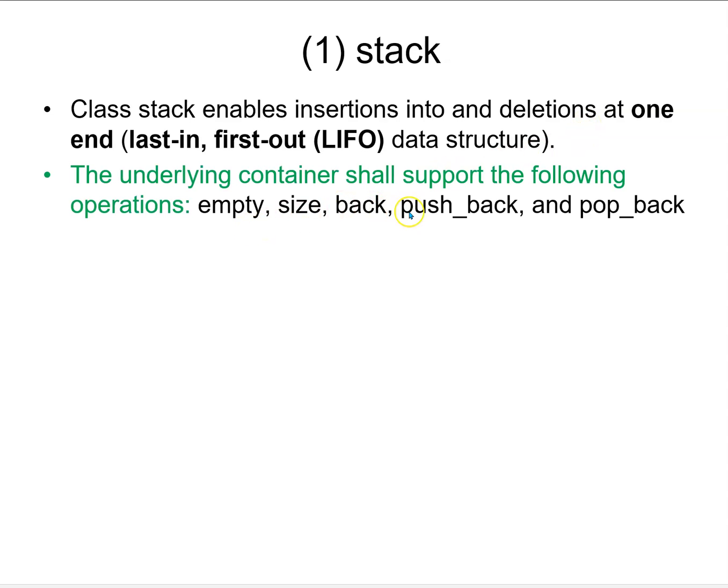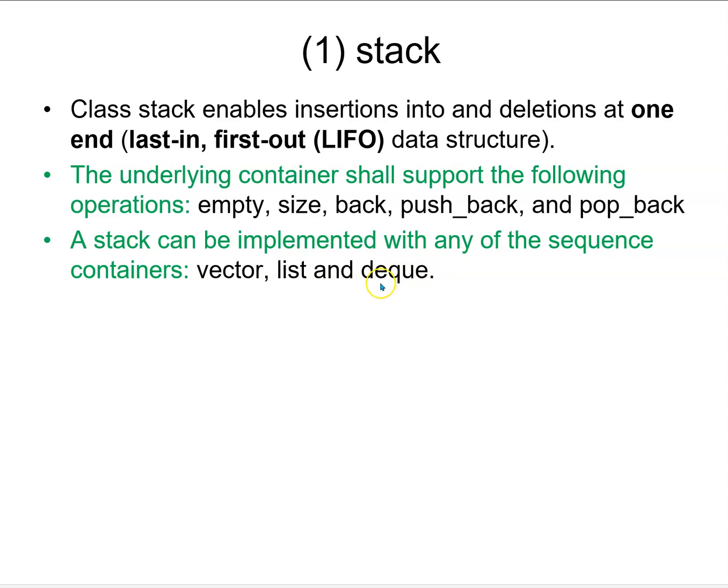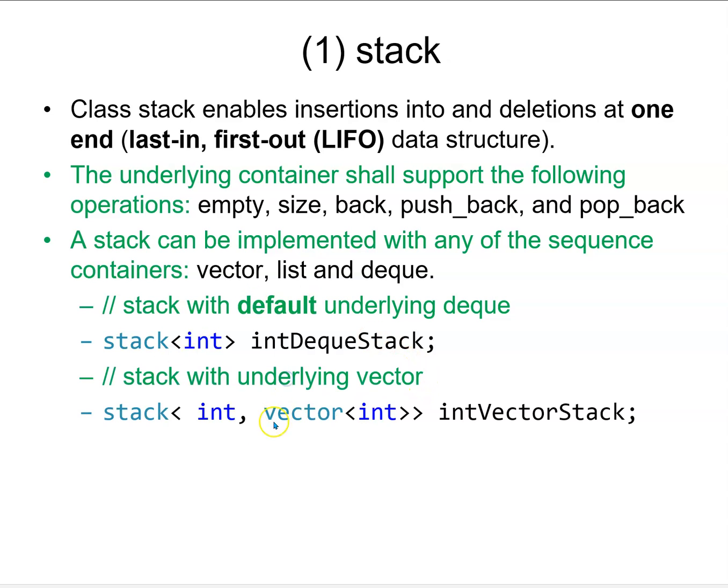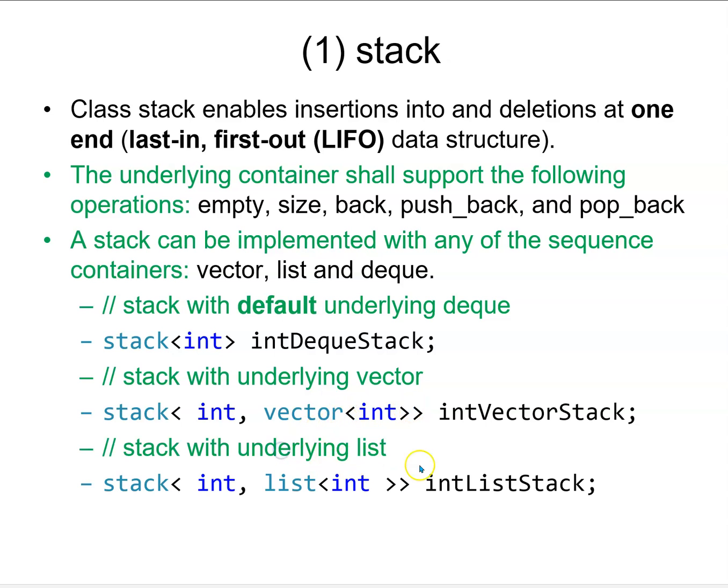The underlying container shall support the following operations: empty, size, back, push back, and pop back. So it can be implemented with any of the sequence containers, list, vector, and deck. The default is a deck. We can tell it we want to use a vector. And we can tell it we want to use a list.